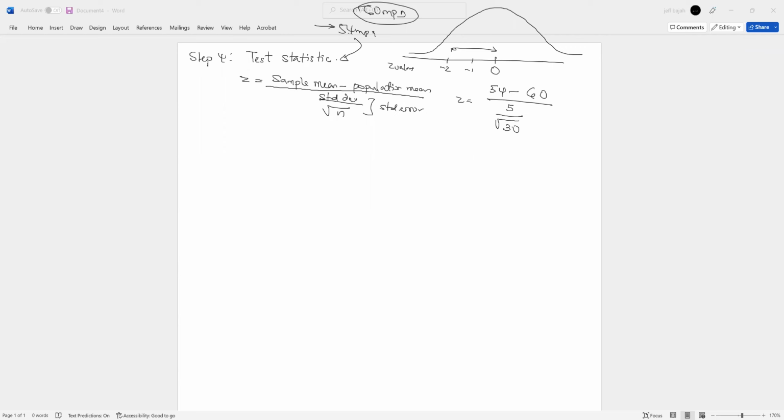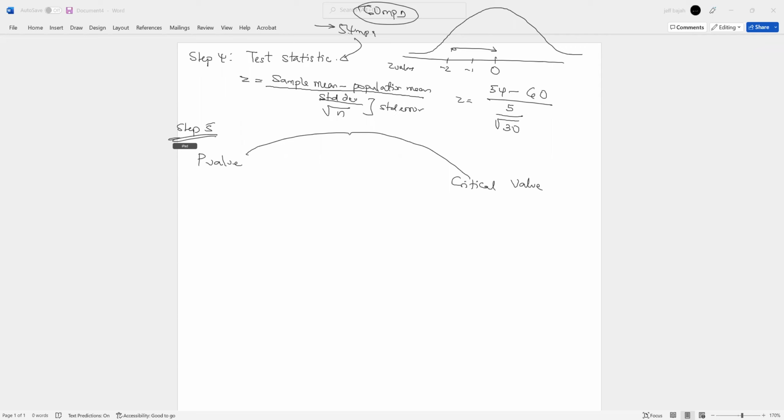Now, once you get that value, there are 2 ways to solve the question from that. You can go on and start using the p-value, which you all know, we've done that through the normal distribution, or you can go ahead and solve the question using the critical value. Both of these methods, this is step 5.